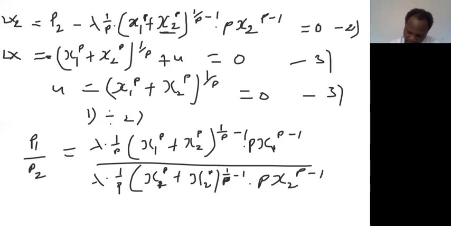So this expression here cancels this expression, and this one cancels this. So that means it is reduced to P1 over P2 is equals to x1^(φ-1) all over x2^(φ-1), right?